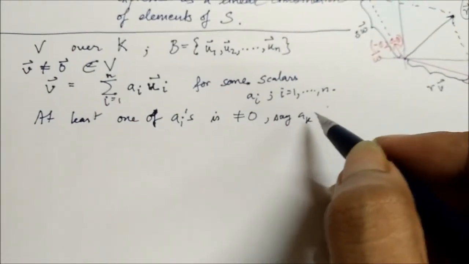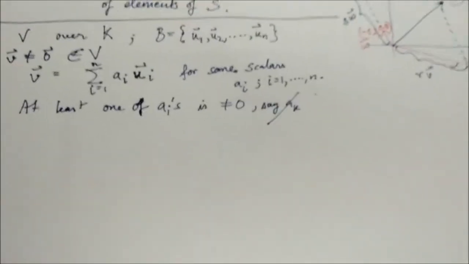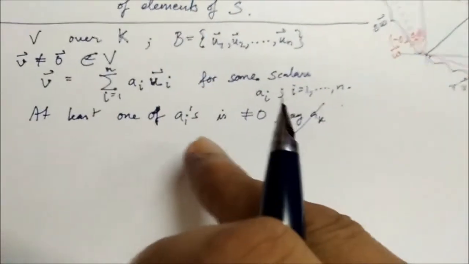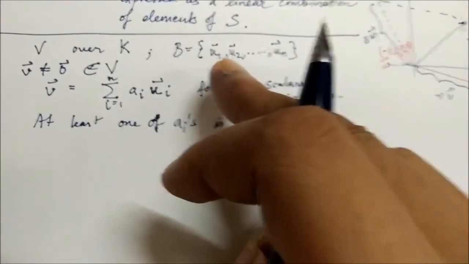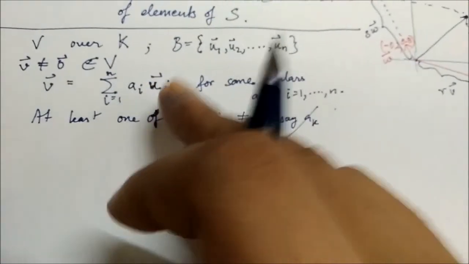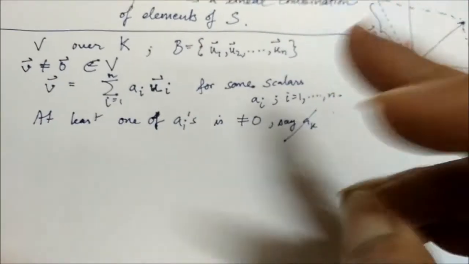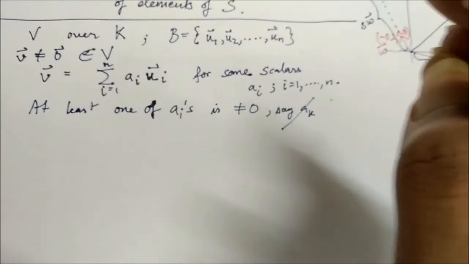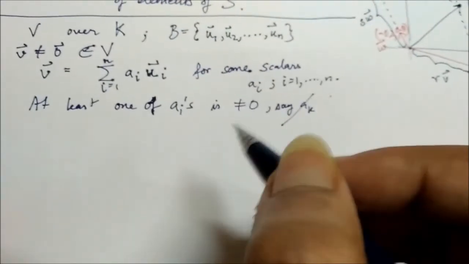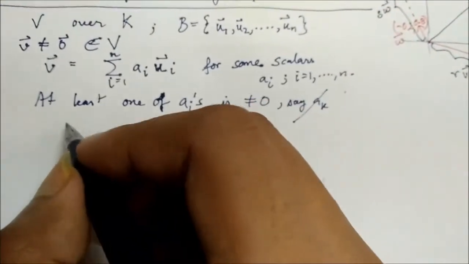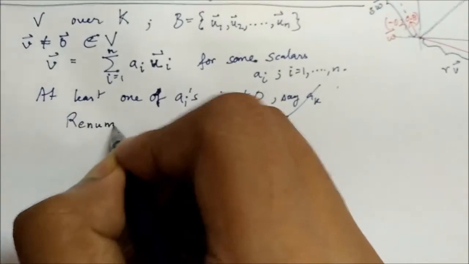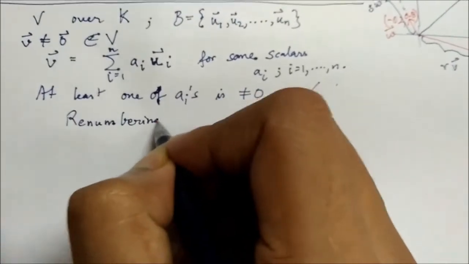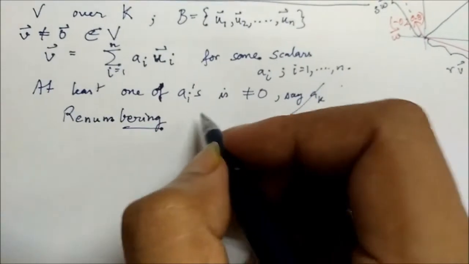But we don't like this. I mean, it is fine, but we want to rearrange this stuff. So a1 u1 plus a2 u2 plus going up to ak uk plus again going up to an un. That ak uk, we somehow renumber it and bring it to the front. Make it u1. So the coefficient which is non-zero, we can say this process is renumbering.